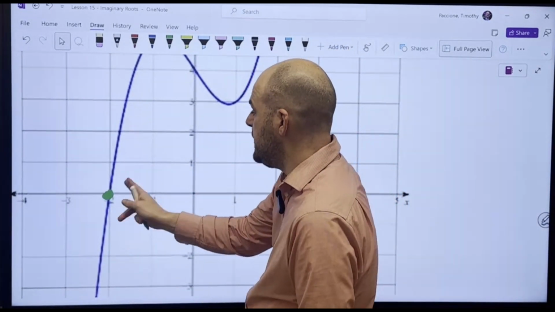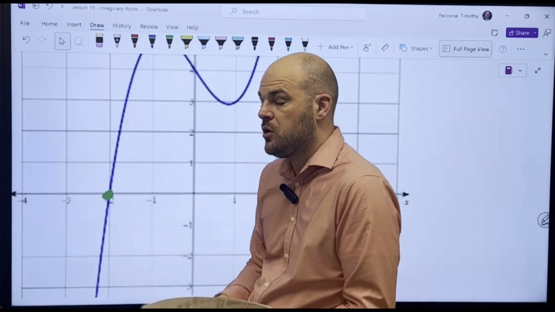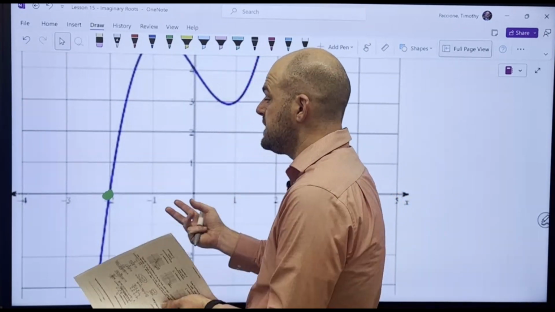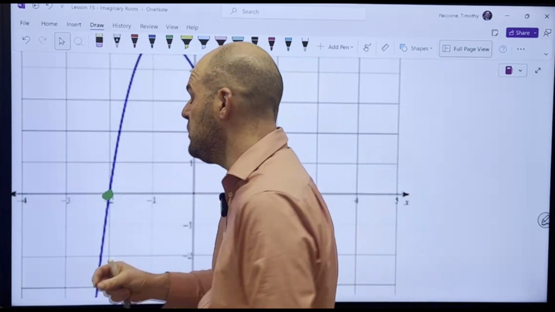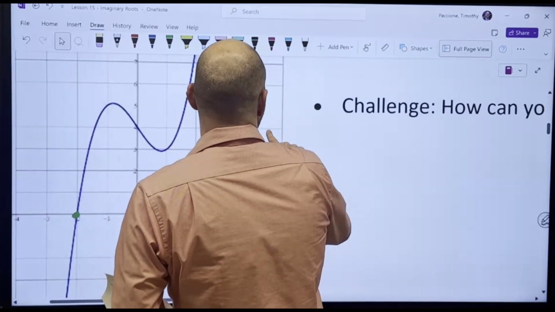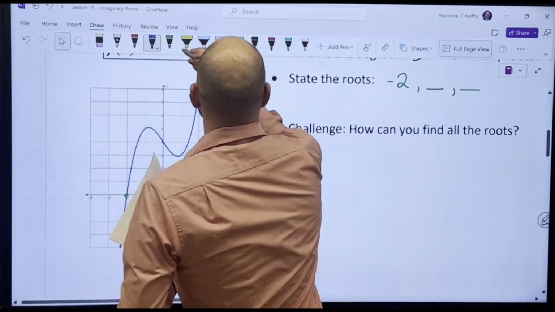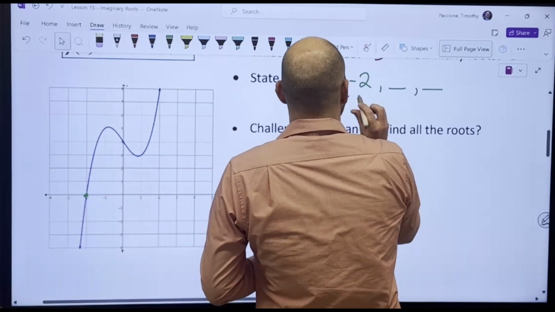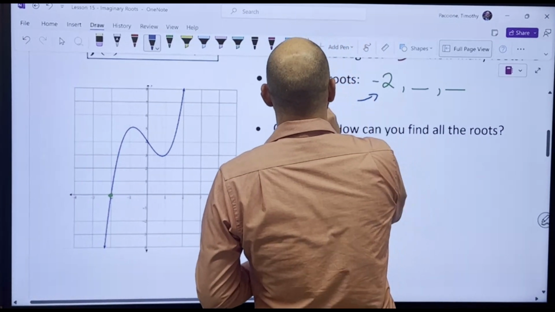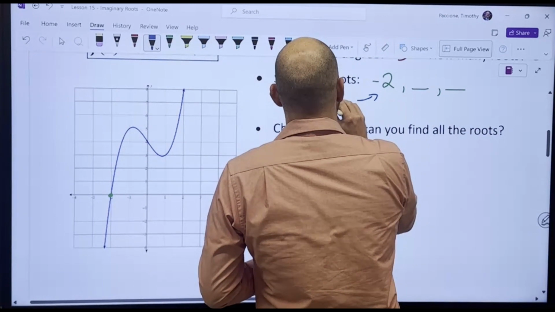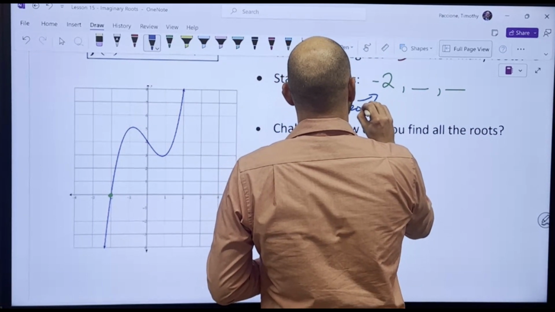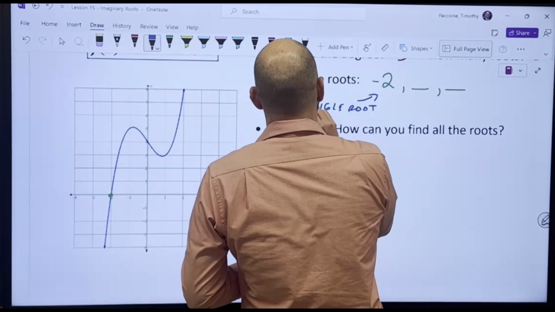It doesn't change its concavity. It doesn't go from curved up to curved down. It doesn't bounce. So that means it's a single root. We're not dealing with a double or a triple root here. So this is a single root because it just crosses.